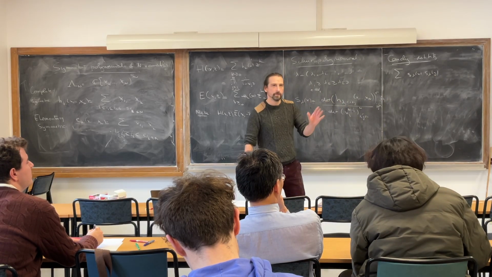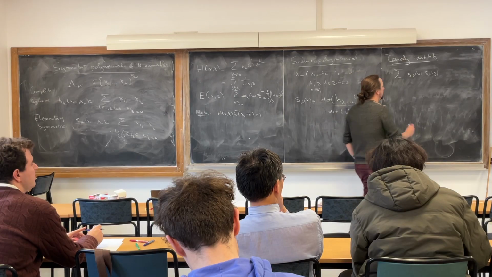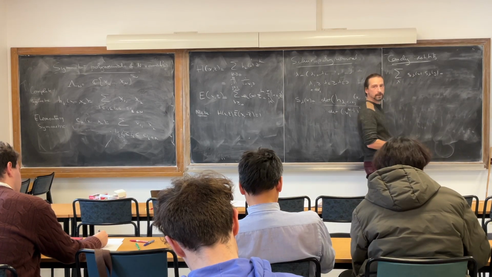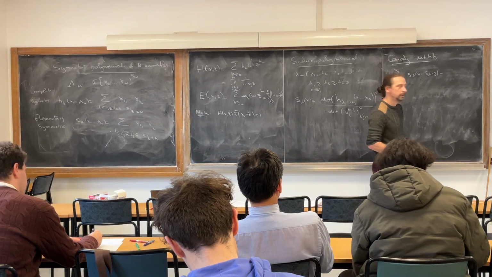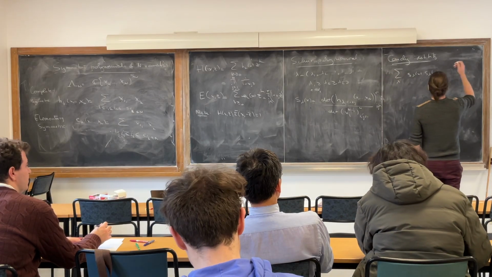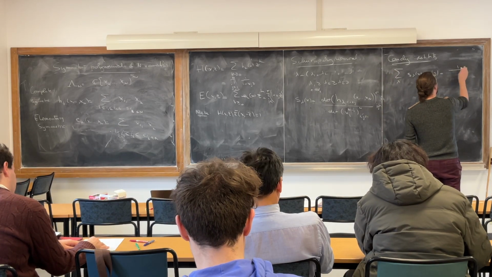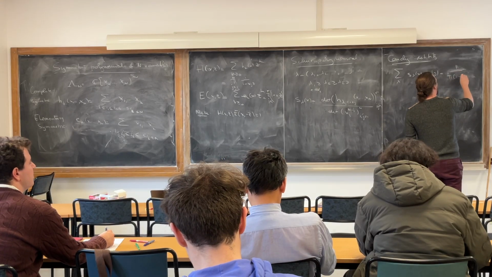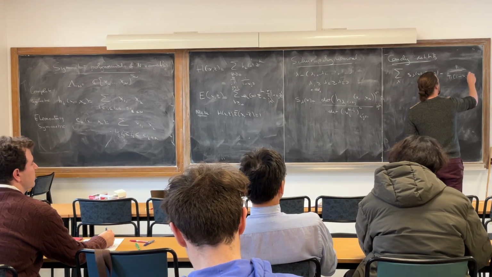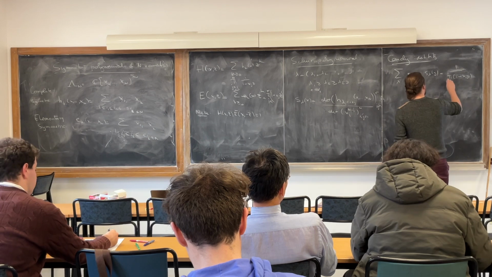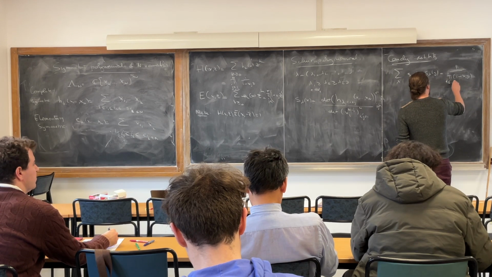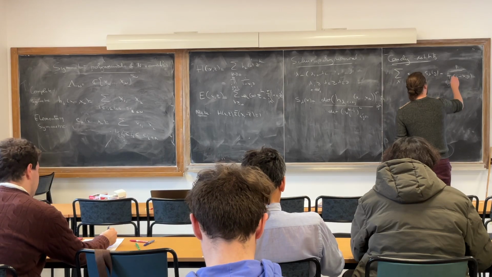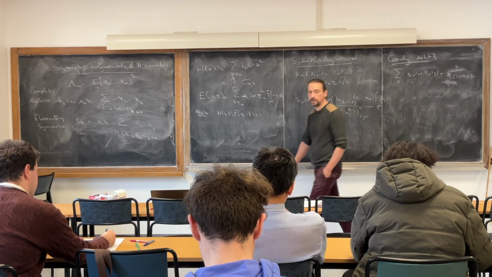If you sum over all possible partitions, this is equal to 1 over the product of 1 minus x_i times y_j, where i and j run from 1 to capital N. This is the Cauchy identity.